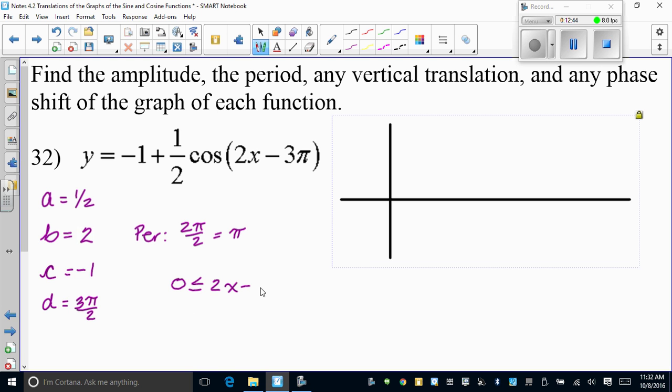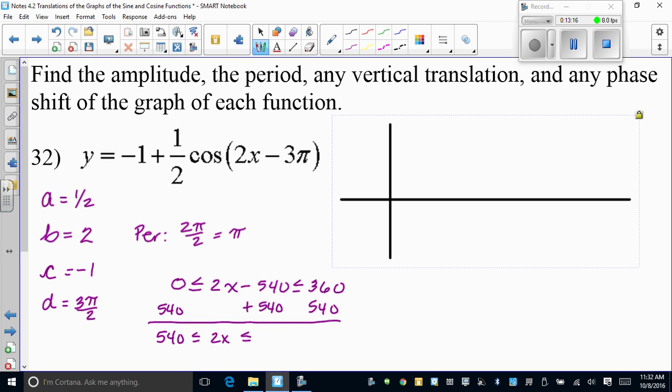So 540 degrees less than or equal to, and then it's always 2 pi, so 360. Add 540, add 540, add 540. We get 540 degrees is less than or equal to 2x, which is less than or equal to, I believe that's going to be 900.